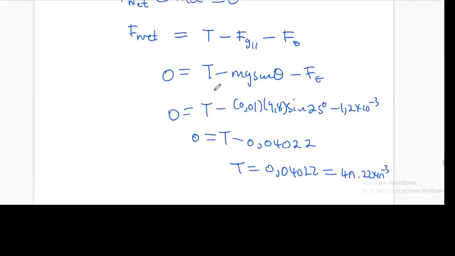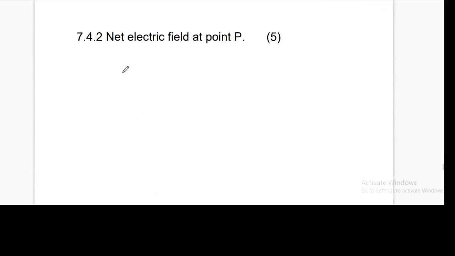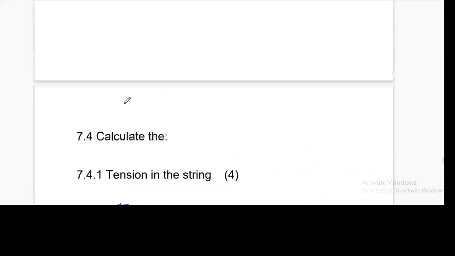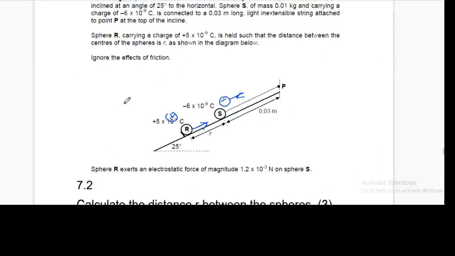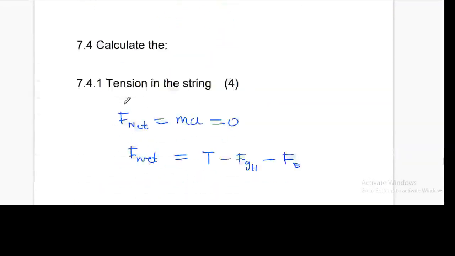We can also write the direction again for the electric field: up the incline is positive. Already we know that our E net is going to be ER minus ES.